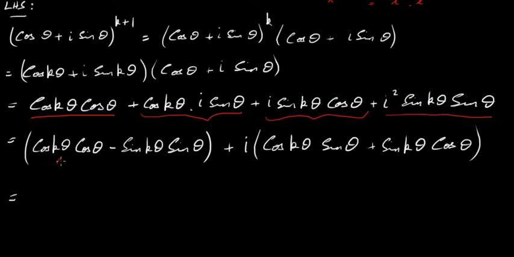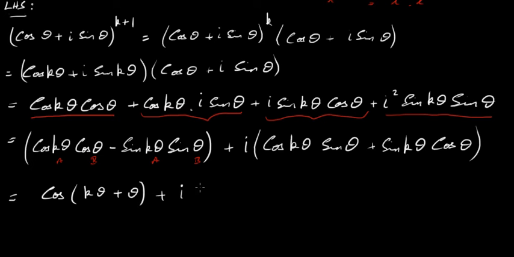This part here is your A, and theta is the B. So all of this just turns into cos of k theta, which is our A, plus theta, which is our B.